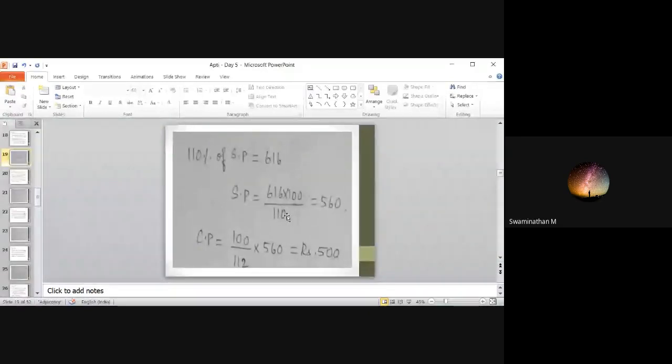So you have selling price, you know the profit, that is 12%. So 100 by 100 plus profit percentage. So 100 by 112 into 560. 500. No, it is 500. See the answer. If you have any doubts, please do tell.